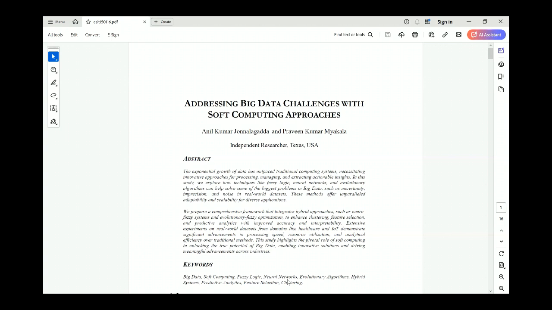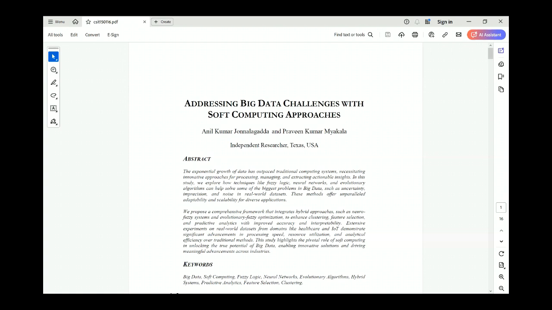Like I mentioned, we have done this across healthcare, IoT, and finance. In finance, we tried to detect fraud in credit card transactions using hybrid neuro-fuzzy logic. That helped us process a huge amount of data with a very minimal setup.